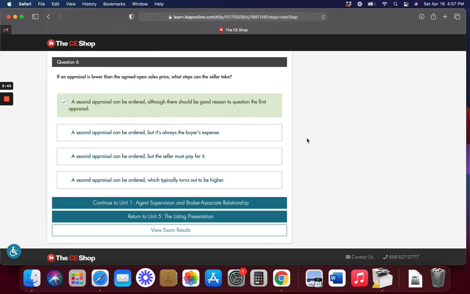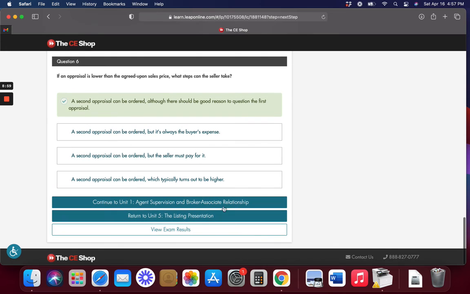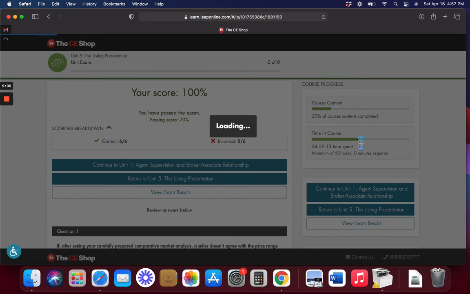You don't need to kiss up to them, but you just need to be respectful. You need to go in there with some research and some documentation and explain why you think this appraisal is too low, and ask them if they can do it again. Ask the bank if they can do it again. That's what you need to do.